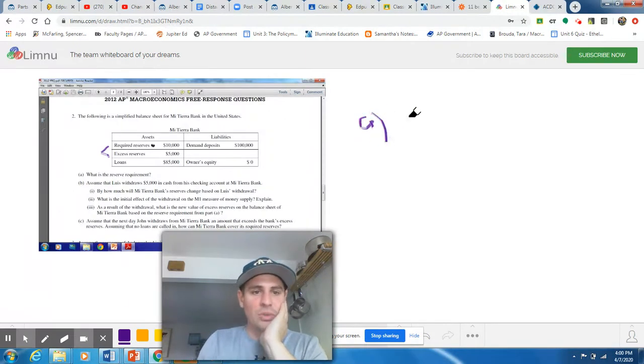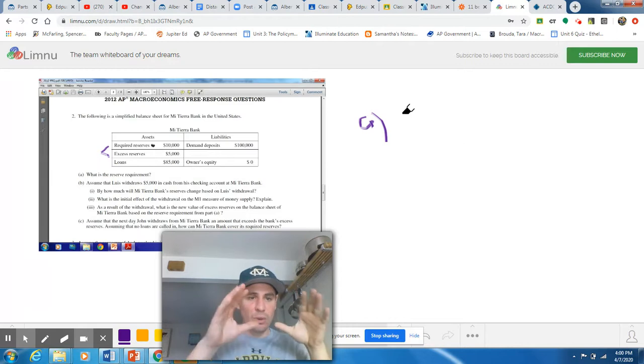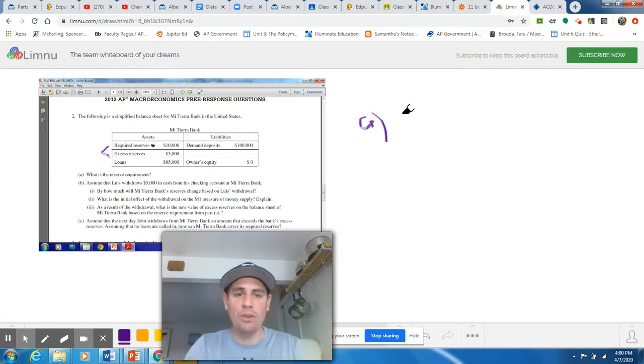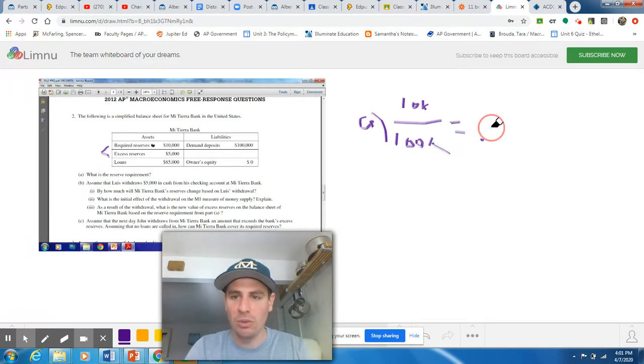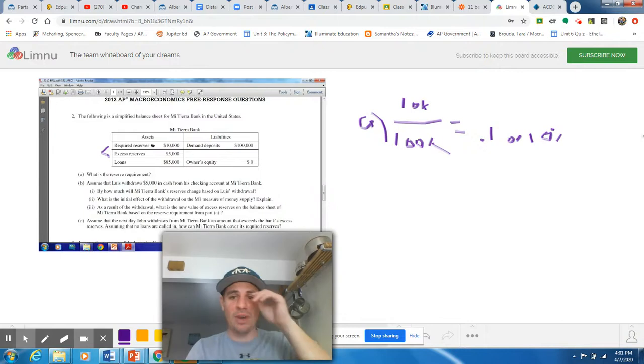Well, the equation for that is the required reserves over demand deposits, so 10K over 100K, and that'll get you 10%. The required reserve ratio is 0.1 or 10%. I'm just getting used to this whiteboard app.